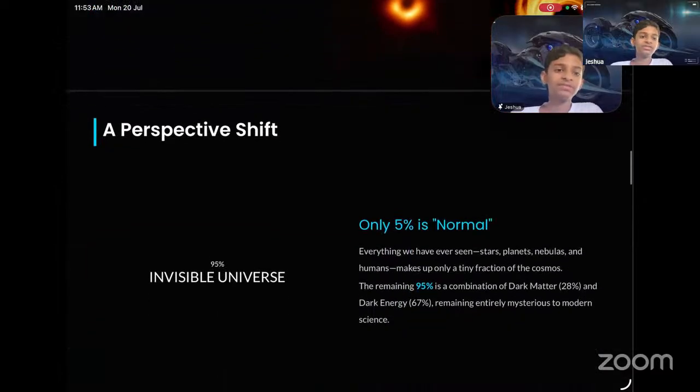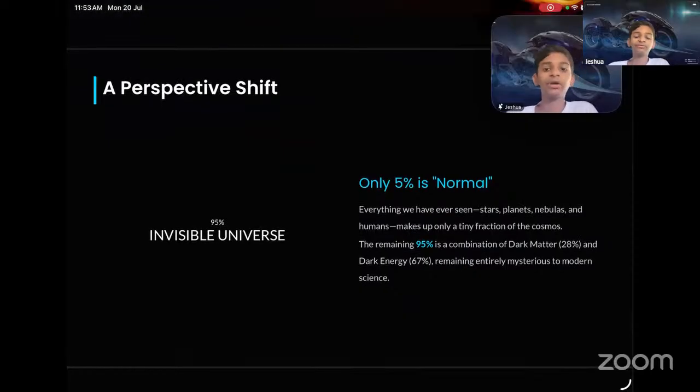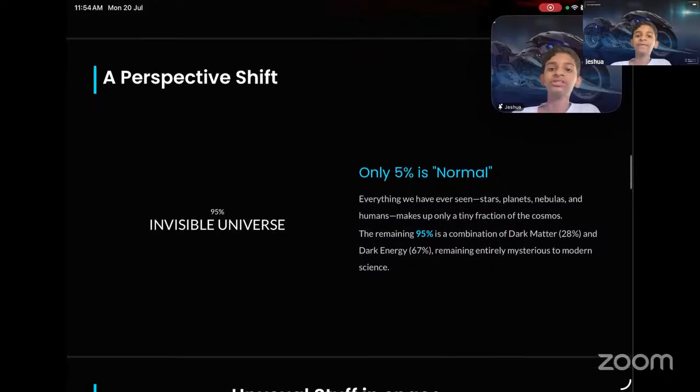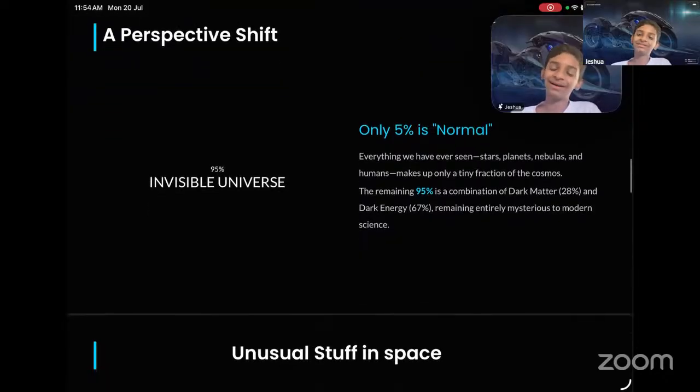So, perspective shift. 95% of the universe is invisible. Only 5% is normal. Everything we have ever seen, stars, planets, nebulas, and humans, makes up only a tiny fraction of the cosmos. The remaining 95% is a combination of dark matter, 28%, and dark energy, 67%, remaining entirely mysterious to modern science.